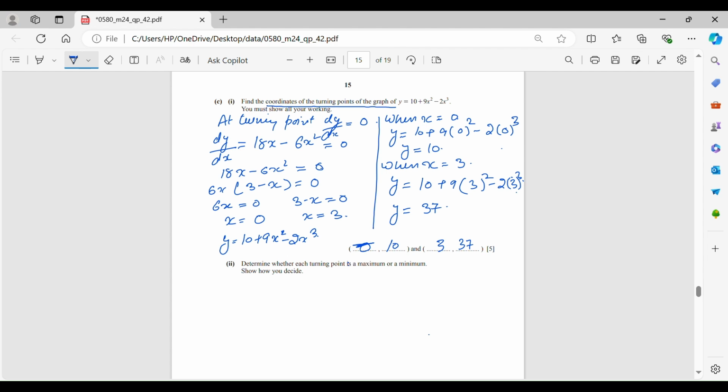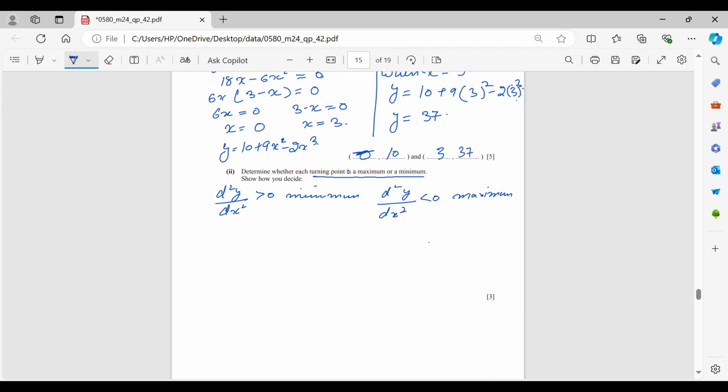Next, second part, determine whether each turning point is a maximum or minimum and show how you decide. So for a turning point to be a maximum or minimum, we need to find the second derivative. For the second derivative, d square y by dx square, if it is greater than 0, then it is a minimum, and if d square y by dx square is less than 0, then it is a maximum, right?